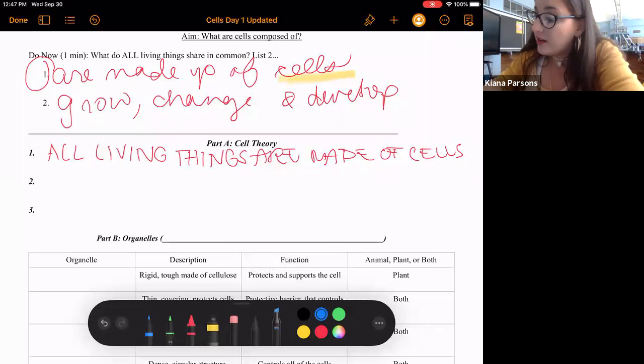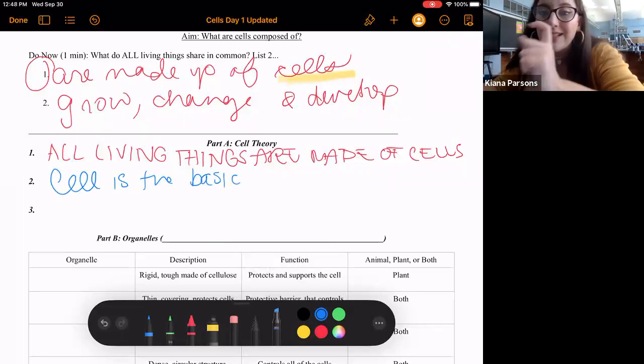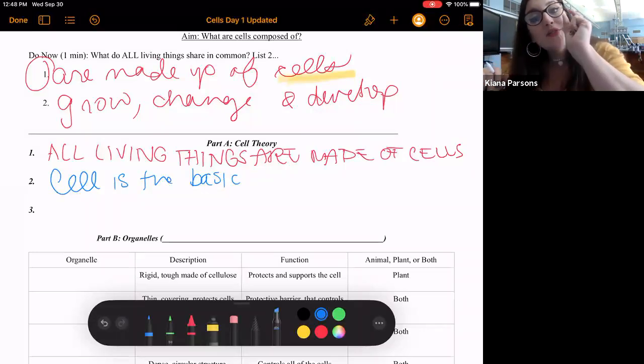The cell is the basic unit of life. What do we mean by that? So the smallest thing that is considered living is a cell, meaning that in my body and in your body, all of our organs are alive, all of our tissues are alive, even down to the cells themselves are alive.